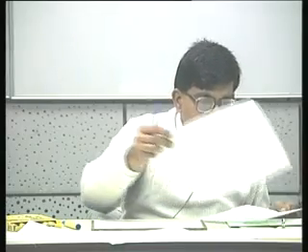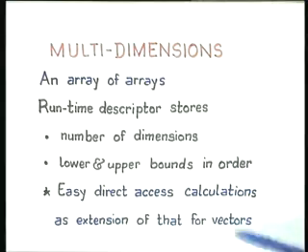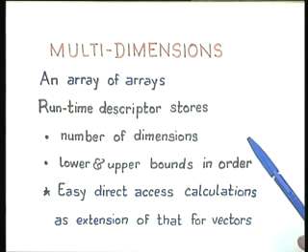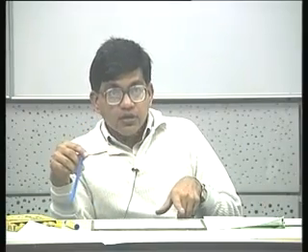So, this notion of arrays can be easily generalized to multidimensional arrays. All it means is that your runtime descriptor should also include information about the dimensions, and for each dimension of course you have a lower bound and an upper bound specification. So, you have to specify them in a particular order, which is also going to be reflected in the representation of the entire array.